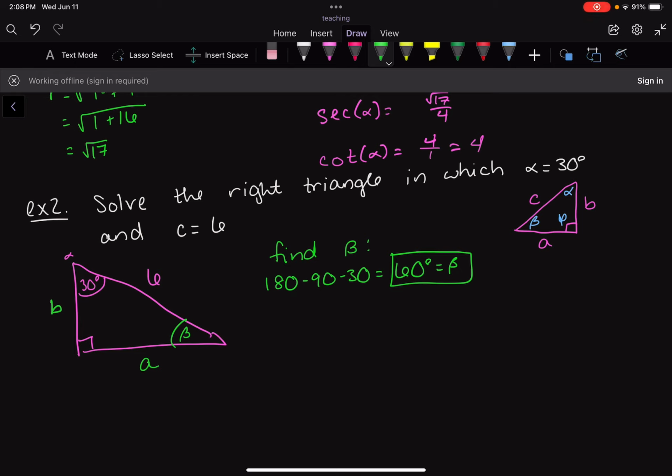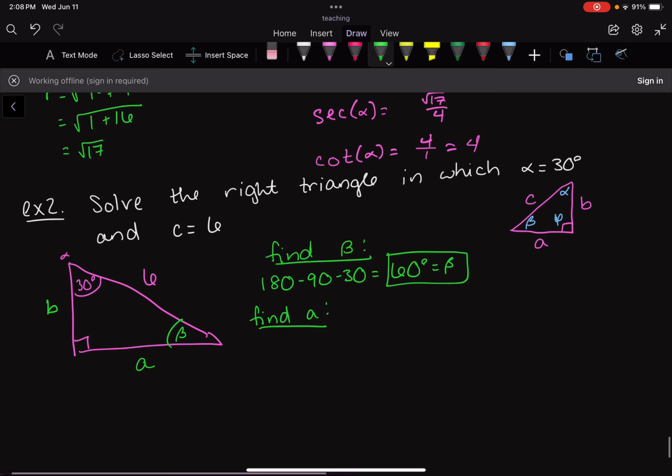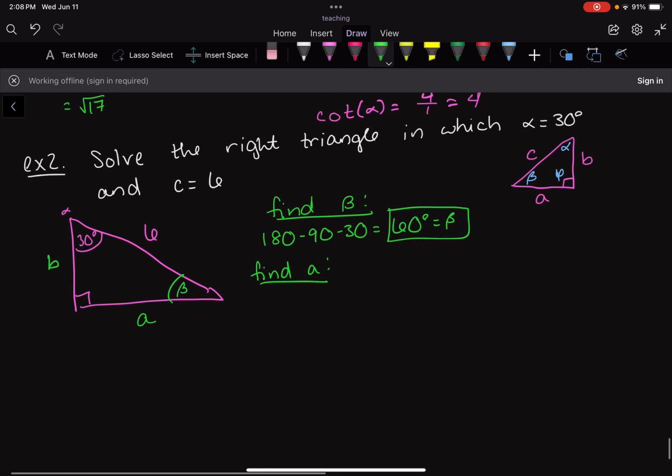And now I can try to find A and B. So I don't know, let's pick A first. There is no reason that I'm doing that, I just am. I'm also going to label my beta.